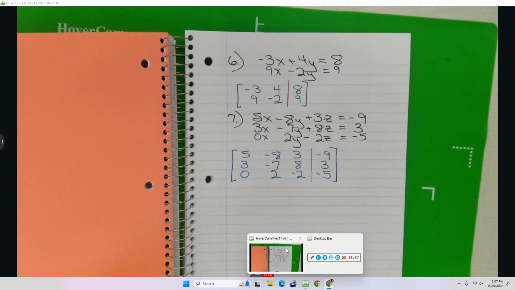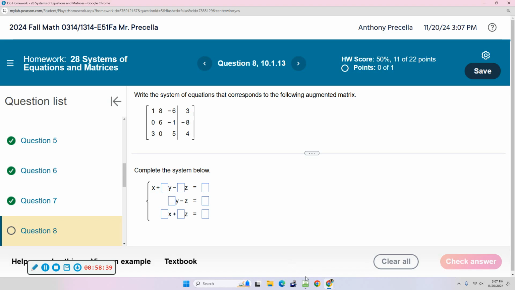Now, why would we want that? I'm getting ahead, aren't I? Okay, well, now we're going backwards. Here they're giving you the matrix, and they want you to write the system of equations.